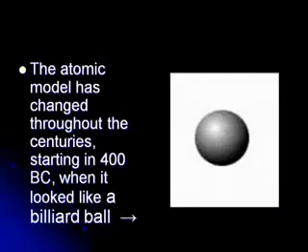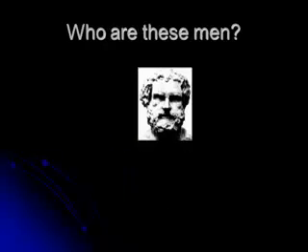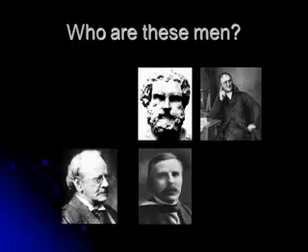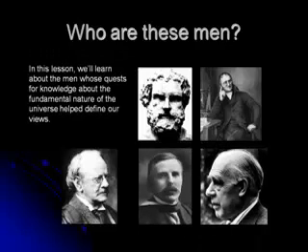Okay, initially when they were thinking about the concept of an atom, it was imagined to be just a ball, a solid ball, solid particle. And one of the things we're going to talk about now is how did we get from that model up to the Bohr model, the model that, again, you're probably the most familiar with.